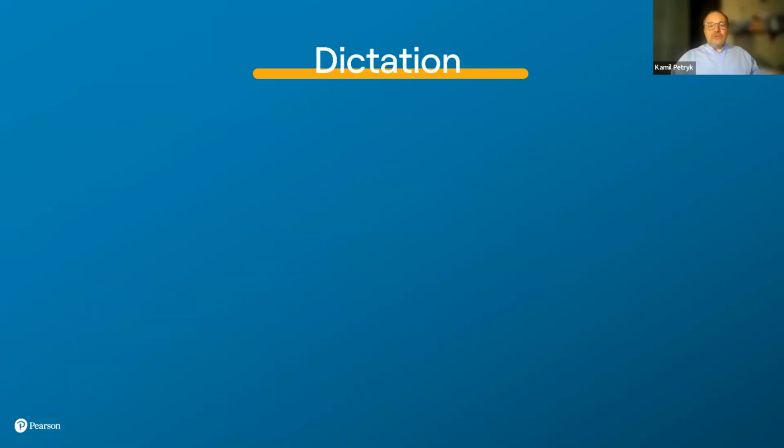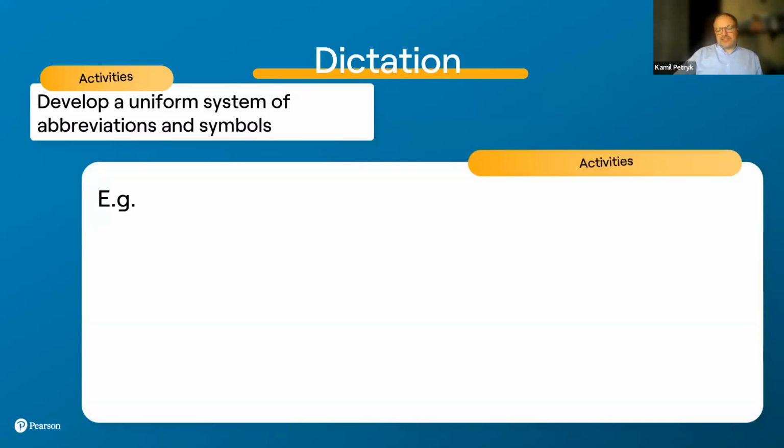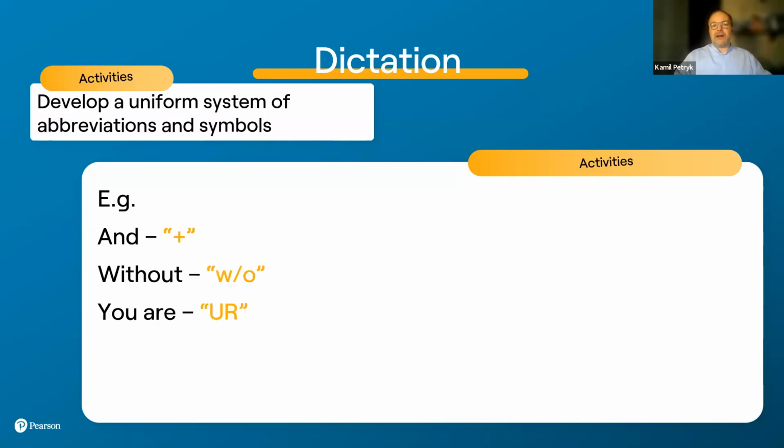So how to work on those strategies? Just a few ideas for activities to develop those strategies. So as a teacher, that would be important here to develop a uniform system of abbreviations and symbols. So work with your students, show them some ideas for some abbreviations, some symbols, for example, and without, you are somebody, show them.